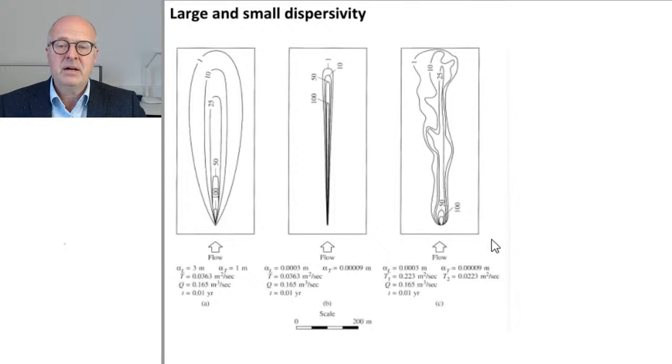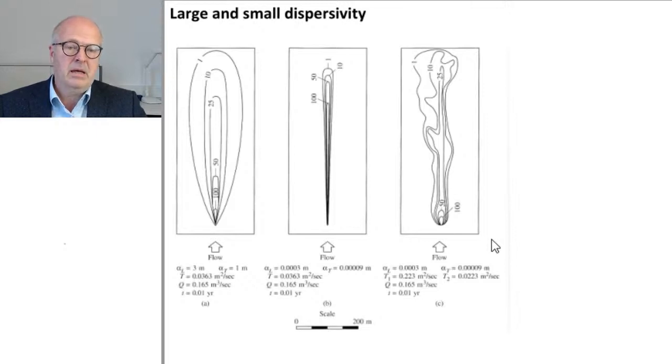Here it's alpha. Alpha and delta are used as synonyms. Sorry for the confusion. In different literature you find different symbols, so alpha, delta is actually the same, and L stands for longitudinal and T for transversal. So here the ratio is 3:1, and you see the result.